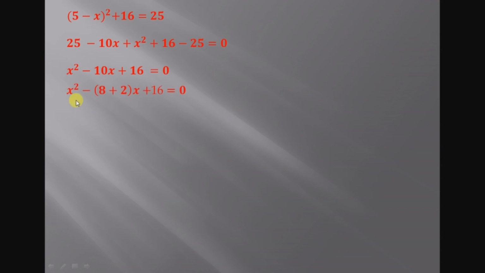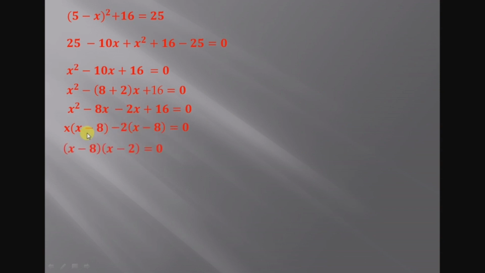Breaking the middle term, I want two numbers which, when multiplied, equal 16 and when added, equal 10. So 8 twos are 16, 8 plus 2 is equal to 10. X square minus 8x, minus into plus is minus, 2x, plus 16 is equal to 0. From here let's take x common out, so it's x minus 8. From here I'll take minus 2 common out, so it's x minus 8 is equal to 0.